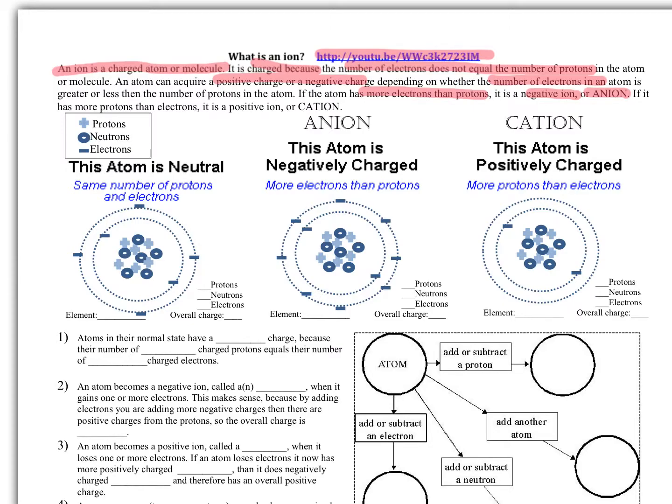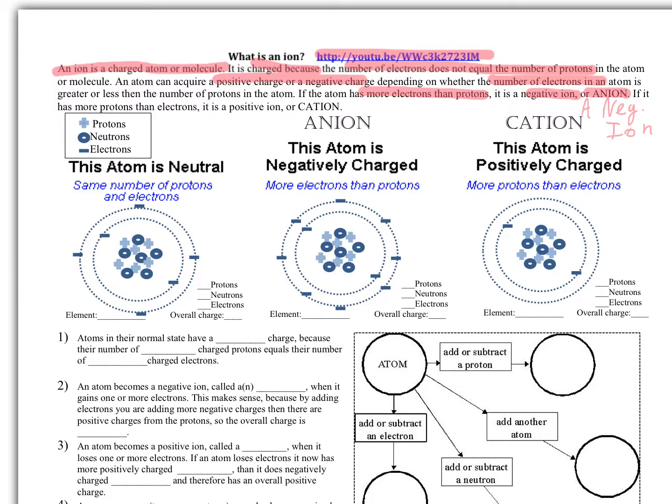A way to remember that is anion is a negative ion. Divide the word into A and N. A in ion, a negative ion. It has more electrons than protons.